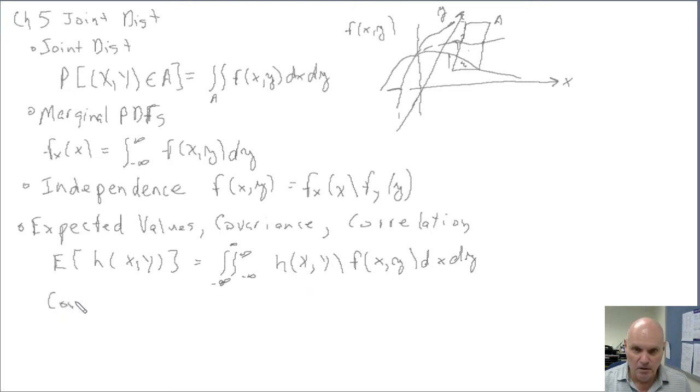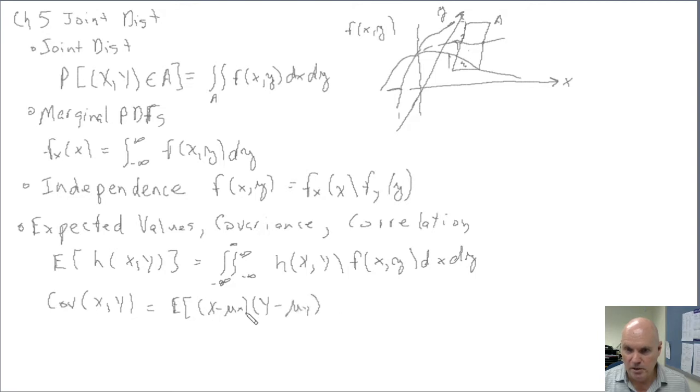The covariance between two random variables x and y is defined as the expected value of the x random variable minus its mean, times the random variable y minus its mean.